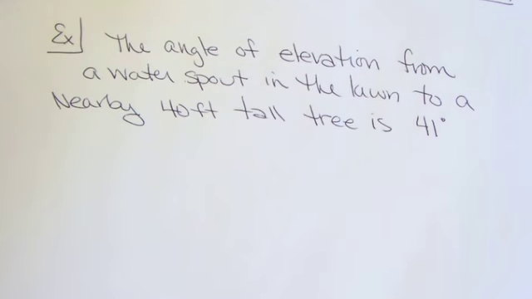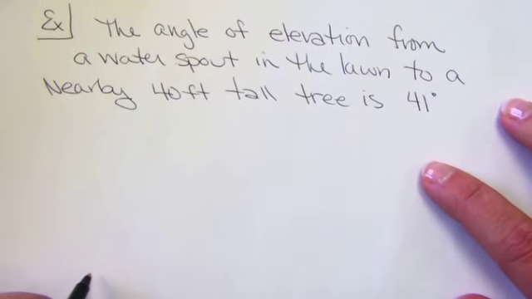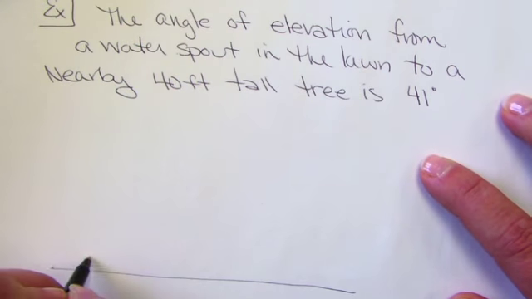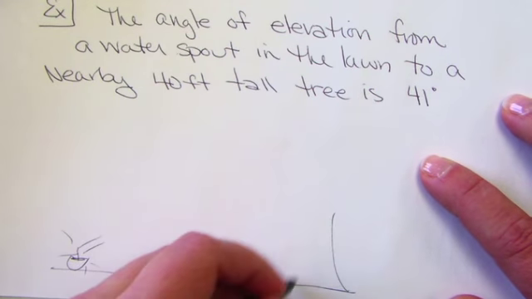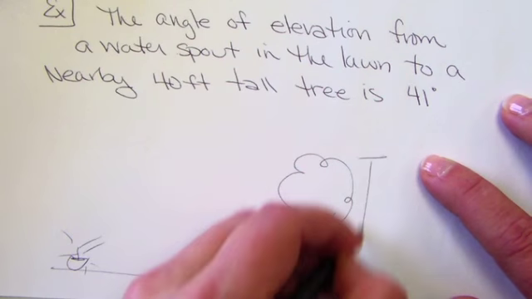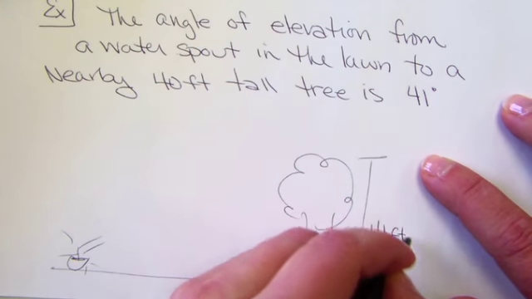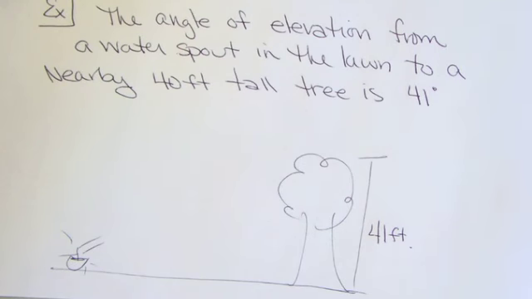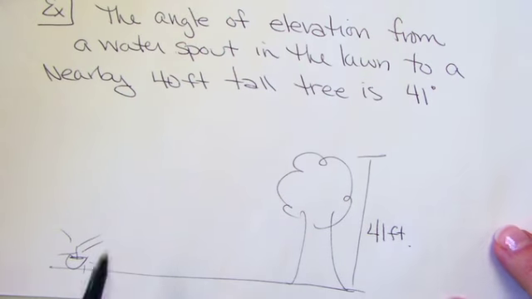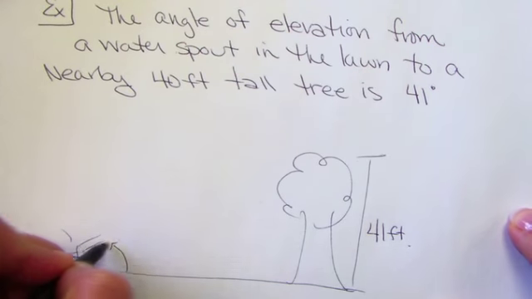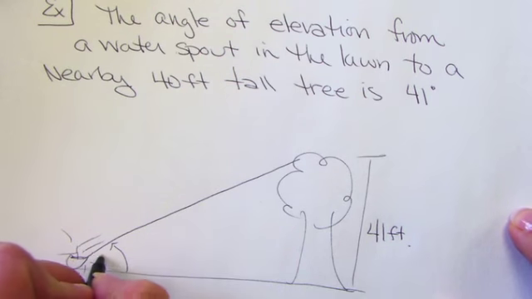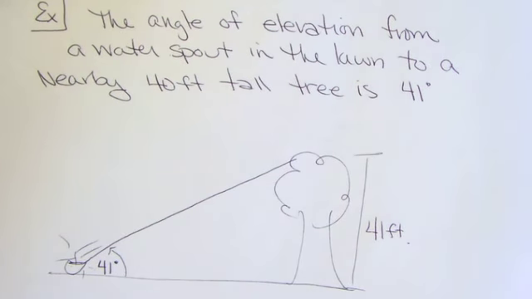So let's see what that looks like so far. Okay, so here on the ground, this is the ground. Here's a water spout. Here's a tree, and the tree is 41 feet tall. Okay? The angle of elevation from this water spout to the tree, so you're looking up to the tree, that angle of elevation is 41 degrees.